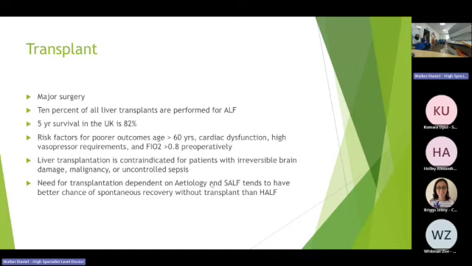So the faster onset, the more chance you've got of turning it around. Things like autoimmune hepatitis, Wilson's disease, your longer onset, they have less chance of getting better spontaneously. They're more likely to require transplant.